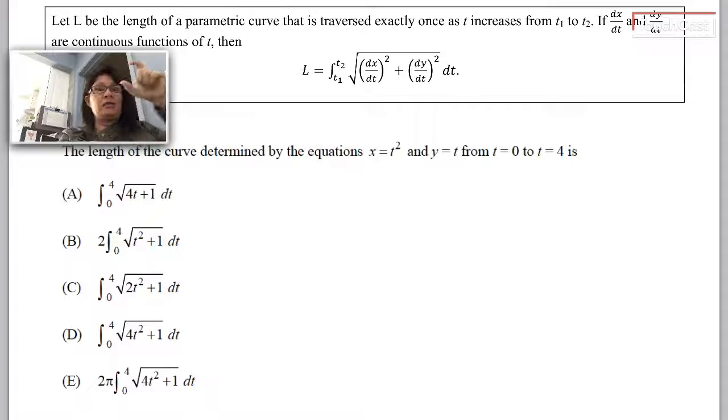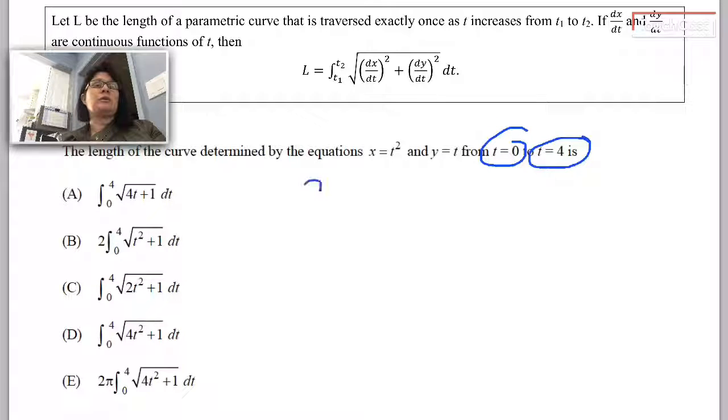We're going to add up all the hypotenuses of the little triangles that your particle crosses over. So your limits are going to be the change in time. If I care about how long the curve is traveled between time 0 and time 4, time 0 and time 4 are going to be my limits.